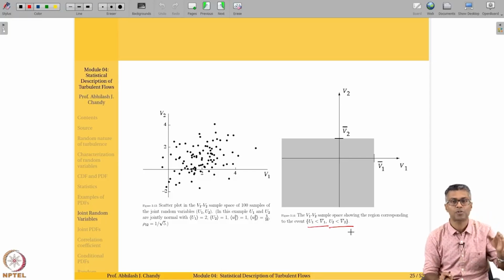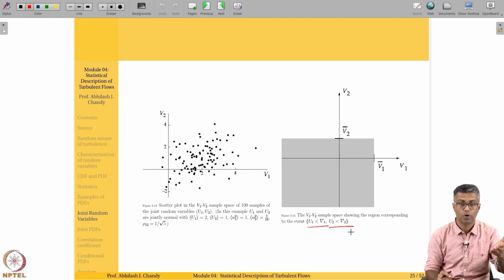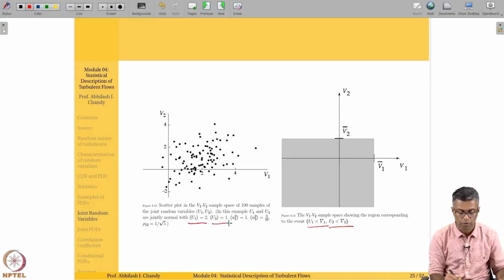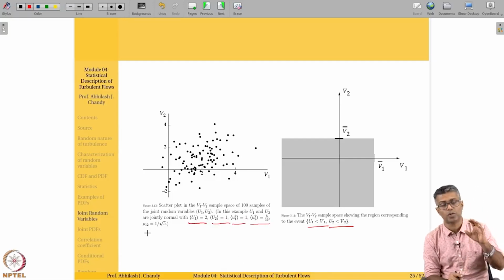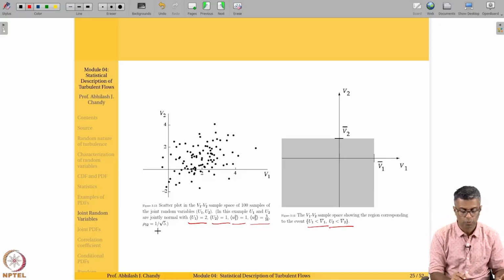We saw examples of different random variables earlier: gamma distribution, log normal distribution, uniform distribution, normal distribution like a Gaussian. In this case, u1 and u2 are joint normal with the mean of u1 equal to 2, mean of u2 equal to 1, the variance of u1 is 1, the variance of u2 is 5 over 16, and rho 1 2, which is a correlation coefficient, which I'll discuss in this class, is 1 over root 5.